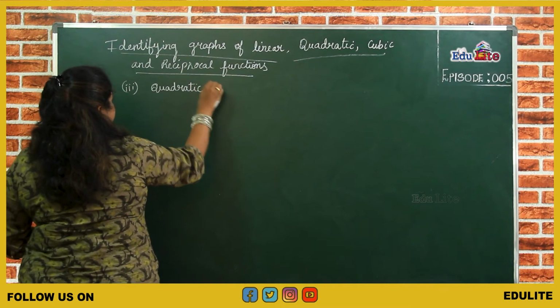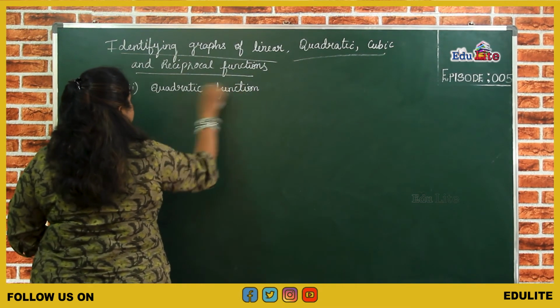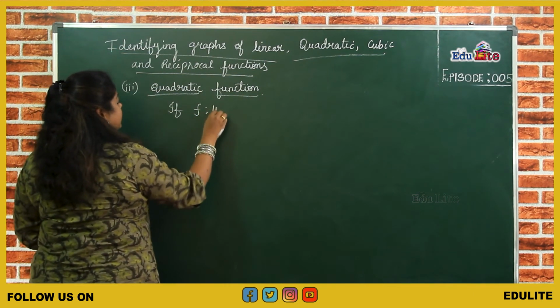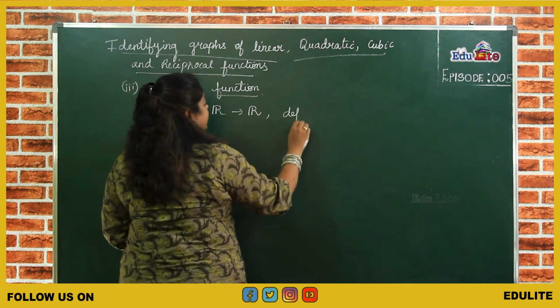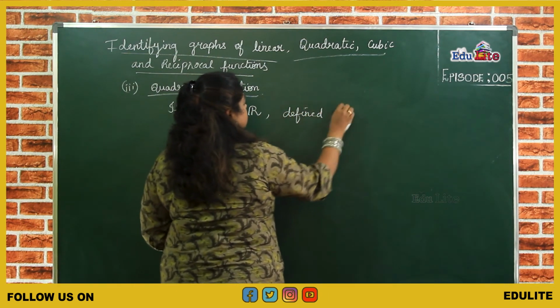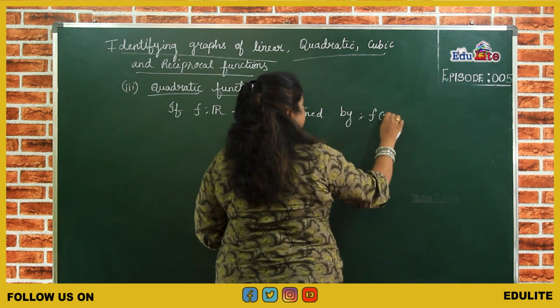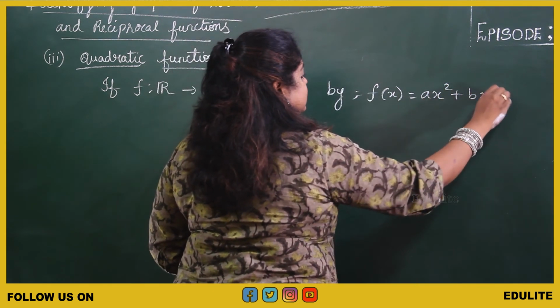Absolute value. So next, the third one is the quadratic function. If f is a mapping from a real number to another real number, defined by f of x is equal to ax square plus bx plus c.